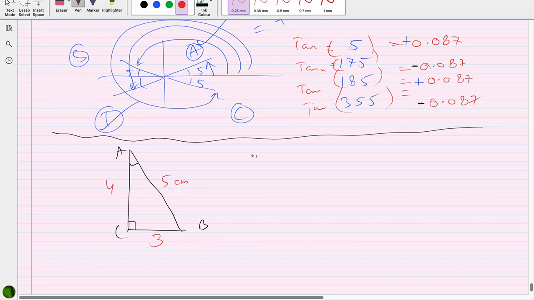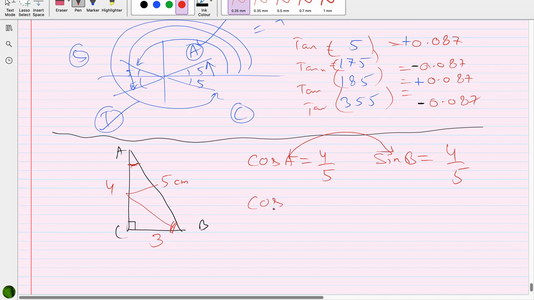So cos of A is base over hypotenuse, that is 4 by 5. Now if I write sine of B, sine of B is perpendicular over hypotenuse, again 4 by 5. You see, cos A and sine B are equal.